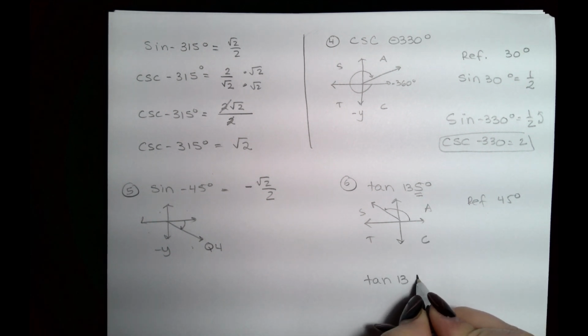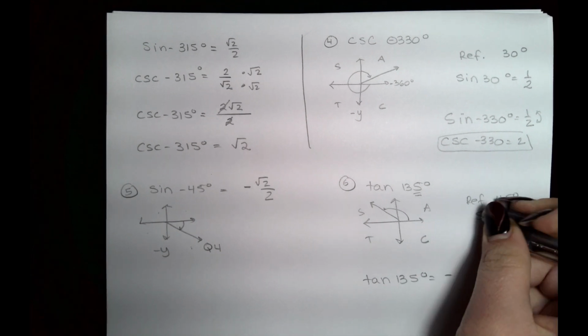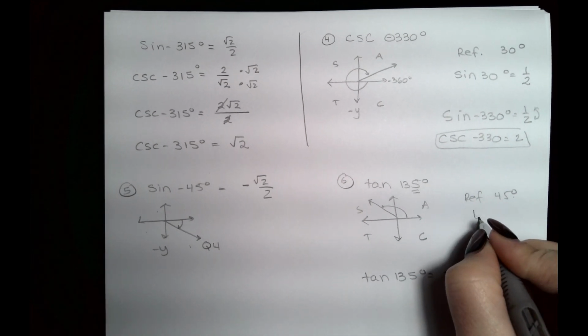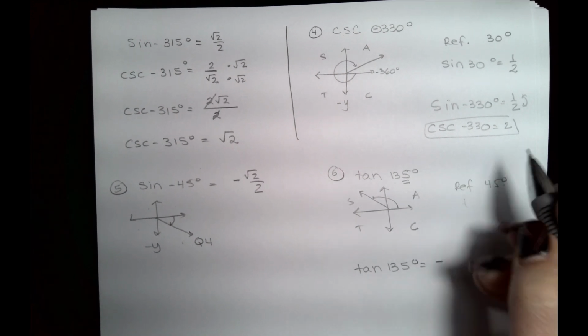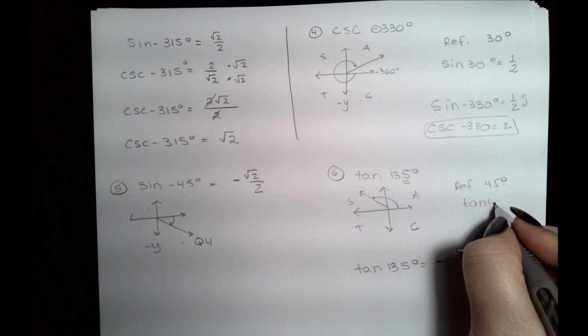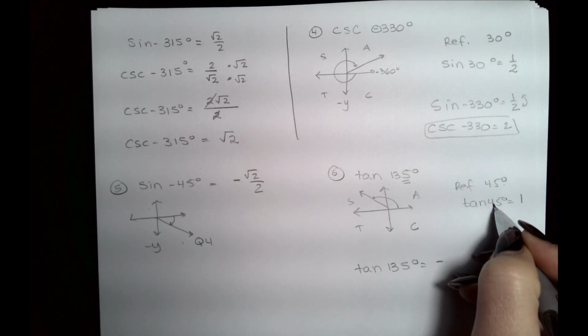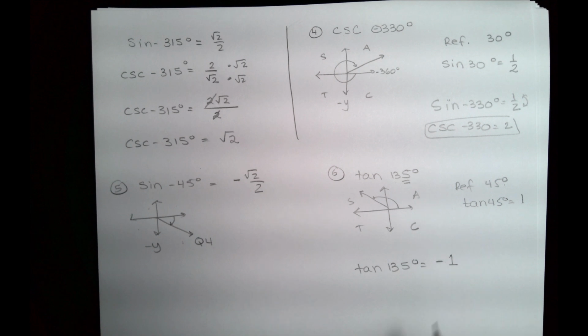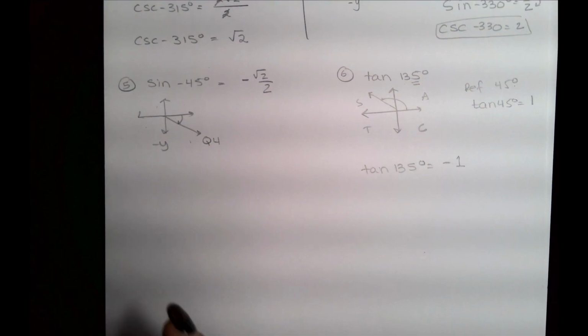So tangent of 135 degrees is negative tangent of 45 degrees. I apologize, I said sine. Tangent of 45 degrees is 1. So therefore, if we take our answer from our reference angle, we have a negative 1 because it is in quadrant 2.